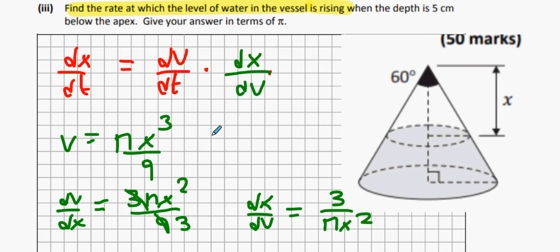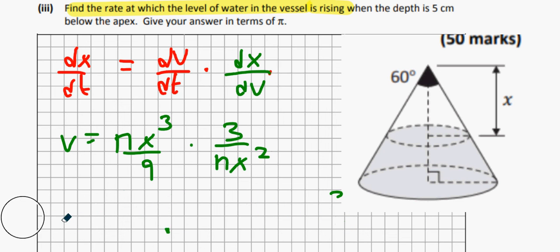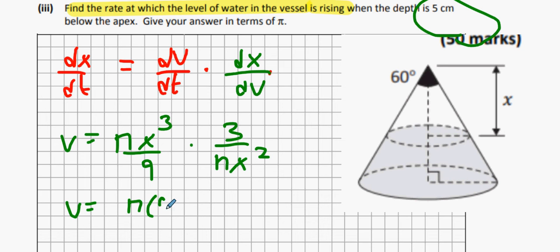Okay? No bother. Now what do I turn all the x's into? What is the x value? Everybody see it? 5, isn't it?